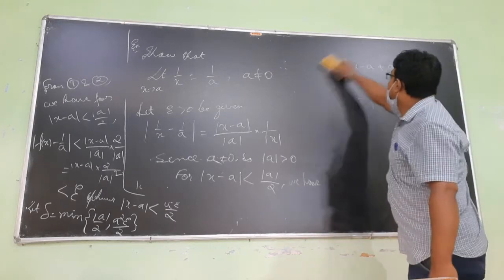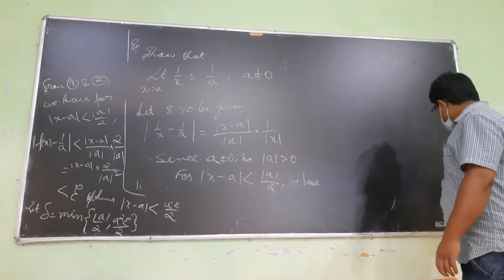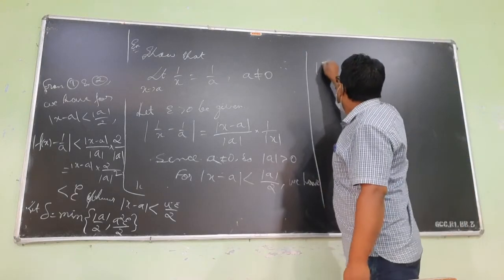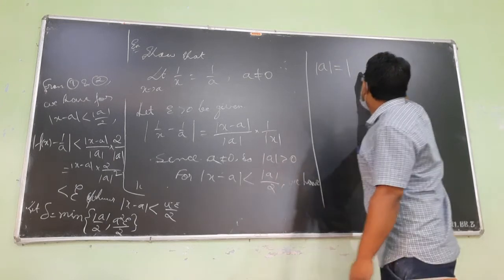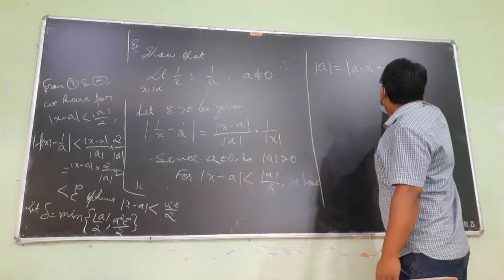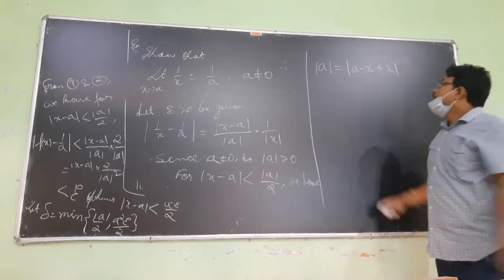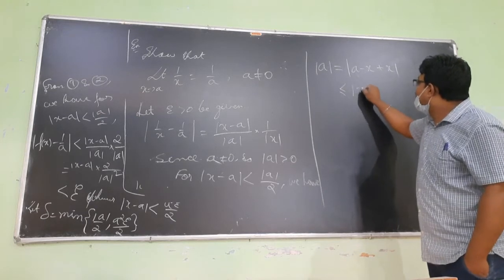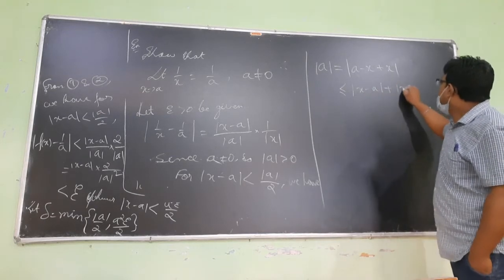You see, just using mod, the things become very simple. Mod of a can be written as mod of a minus x plus x, and this is less than or equal to mod of x minus a plus mod x.